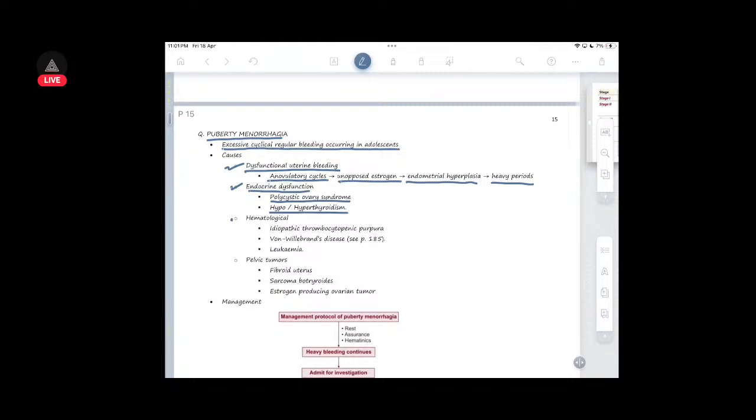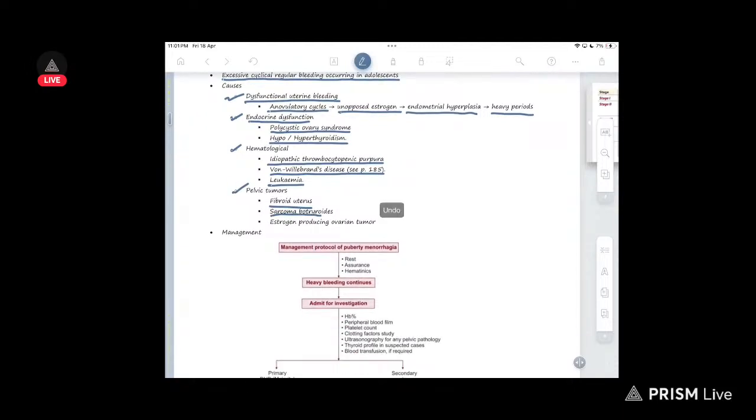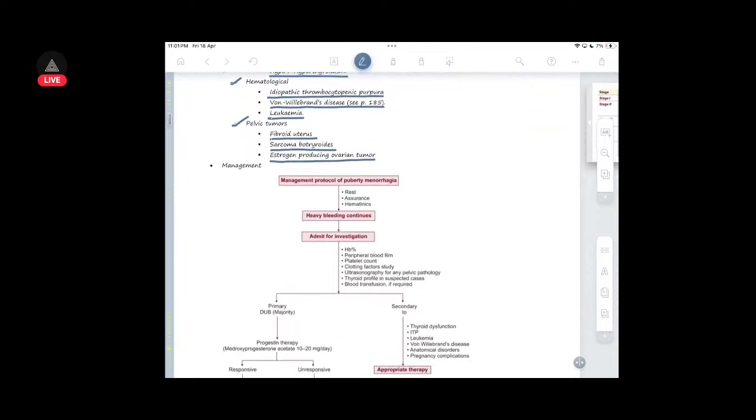Then you have hematological causes, which are idiopathic thrombocytopenic purpura, von Willebrand's disease, and leukemia. Then you have pelvic tumors: fibroid uterus, sarcoma botryoides, and estrogen producing ovarian tumor. All of them are pelvic tumors.